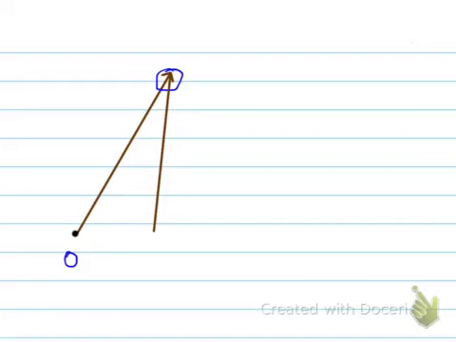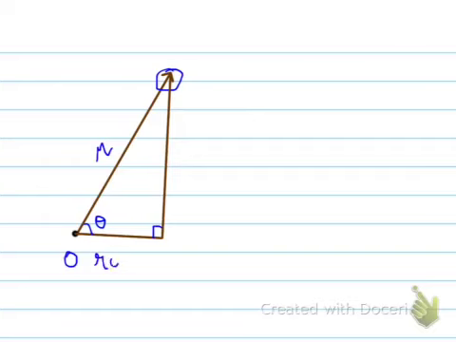We draw a perpendicular here and we draw a line joining this one here, and this is 90 degrees, and let the magnitude of this vector be R. Then the component of this vector along this line will be R cos theta, and in the vertical direction will be R sin theta.